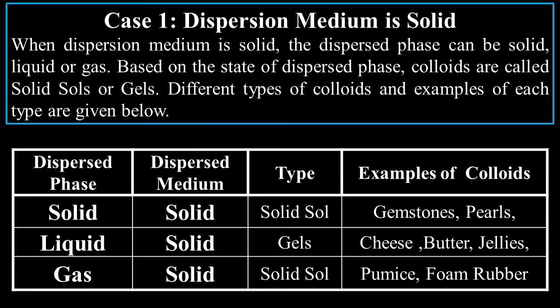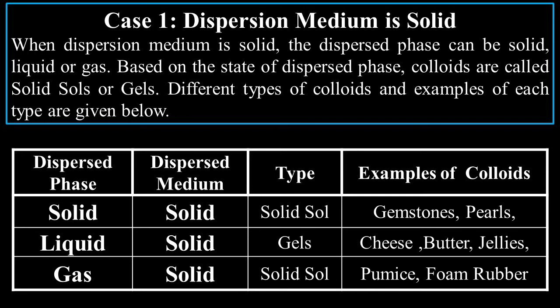When dispersion medium is a solid, this is case 1. In other words, the solvent, quote unquote, solvent is a solid solvent. So in other words, salt in water. Salt is the dispersed phase, and the liquid is the dispersion medium.